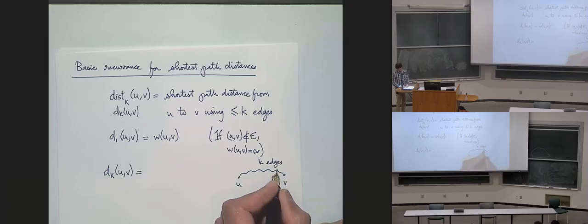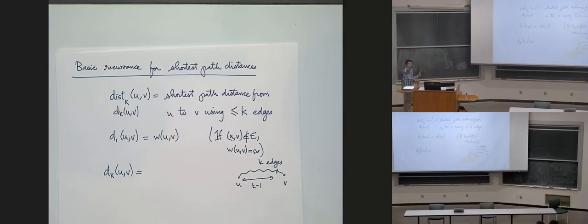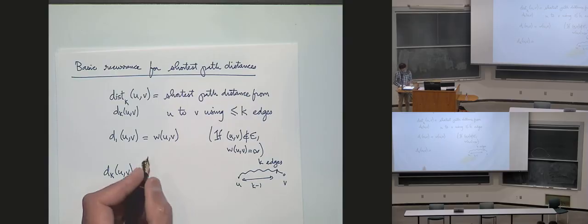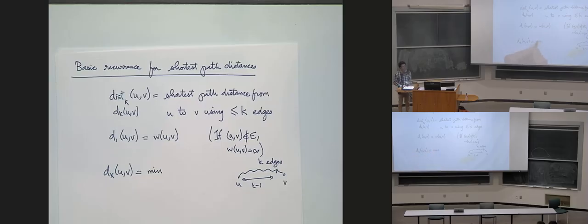Clearly, there is a shortest path that uses k minus 1 edges, which you've already computed. So what is the recurrence I should write here? Some min over something. Yeah?